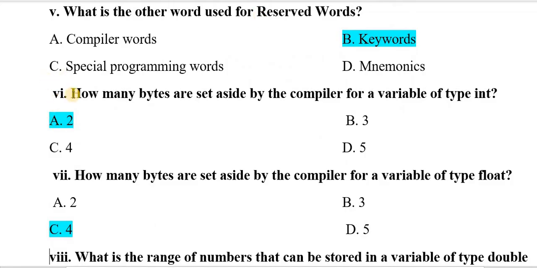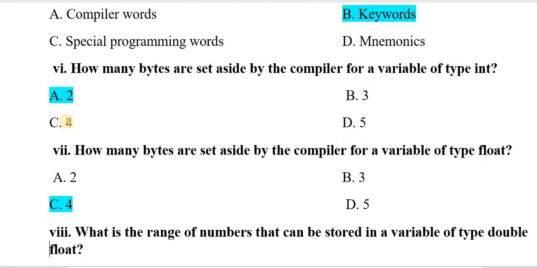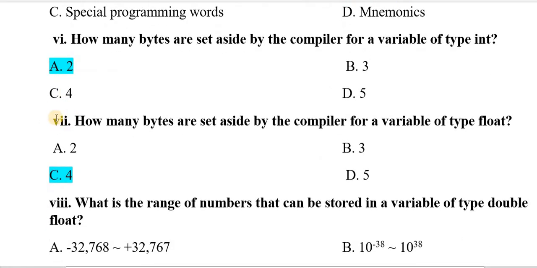Point number 6, how many bytes are set aside by the compiler for a variable of type int? So it's option A, 2 bytes. Point number 7, how many bytes are set aside by the compiler for a variable of type float? So its correct answer is option C, 4 bytes.